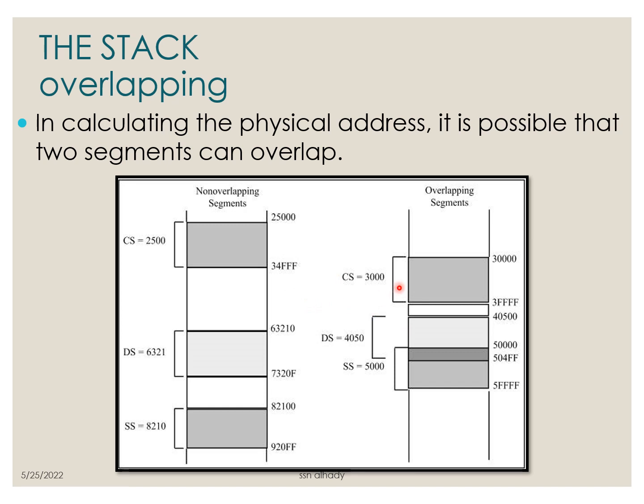Okay, if let's say you have a code segment of 3000, and then the data segment is 4050, then you can have an overlap. And if the stack segment is 5000, then you can have an overlap.